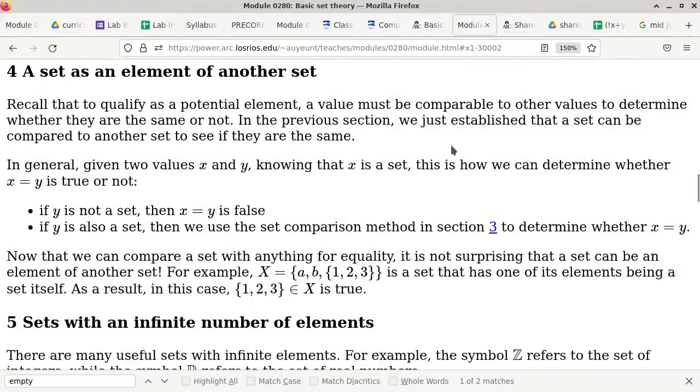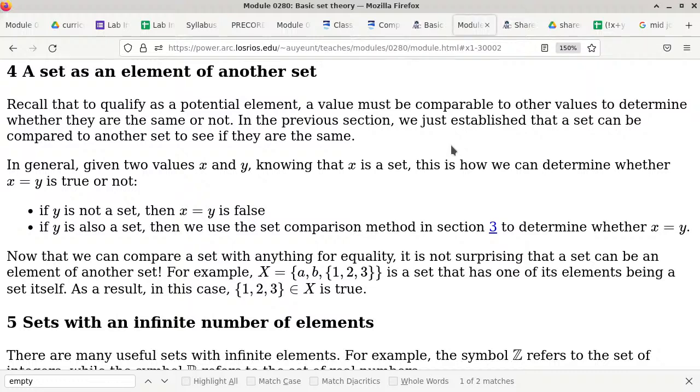This is where we jumped ahead a little bit: a set as an element of another set. In general, given two values x and y, knowing that x is a set, this is how we determine whether x equals y is true or not. In other words, this is how we compare two different sets. If y is not even a set, then we say x equals y is false. That makes sense, right? Because one is a set and the other is not even a set.